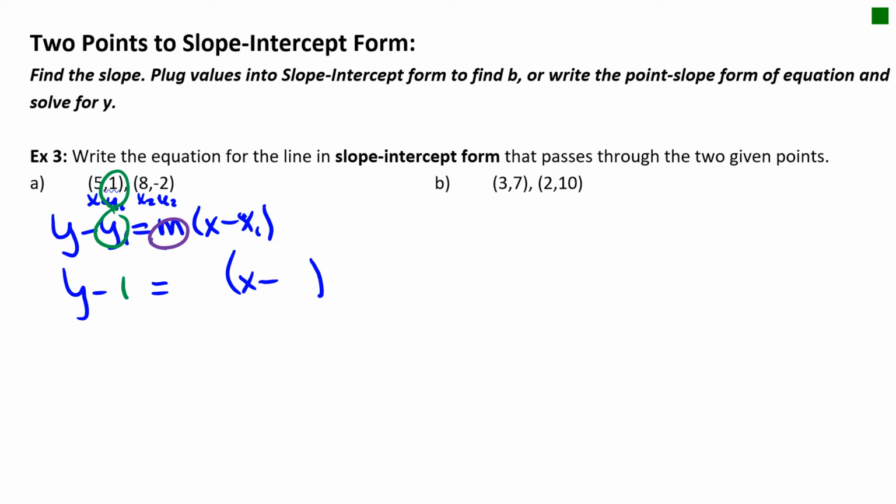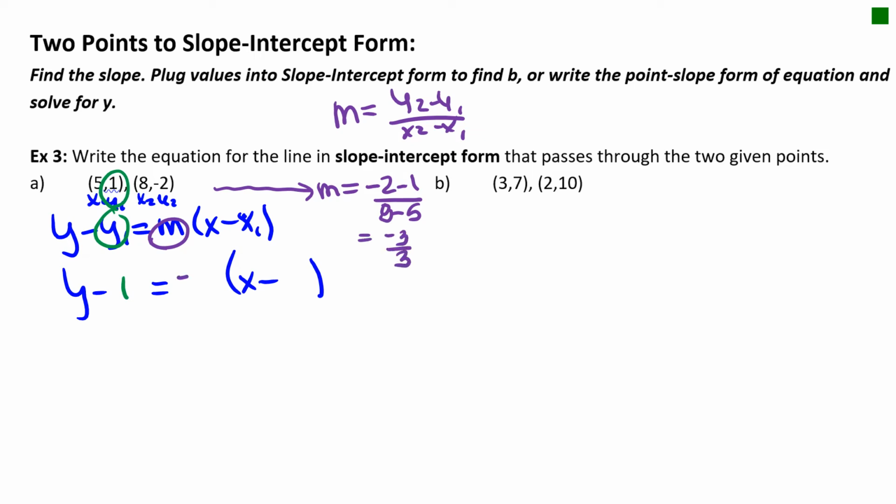I don't have an m. So I have to go off to the side and find m. Remember, m, your slope, is y2 minus y1 over x2 minus x1. So it's going to be negative 2 minus 1 over 8 minus 5, which is negative 3 over 3. So your slope is negative 1.